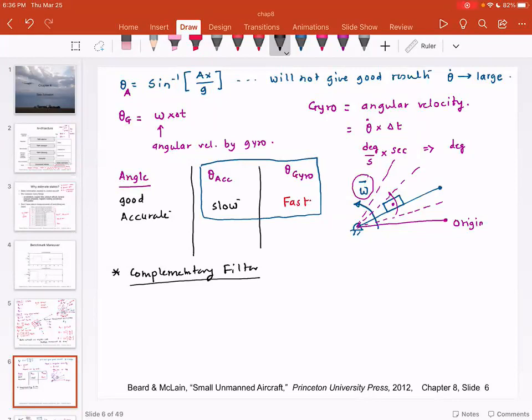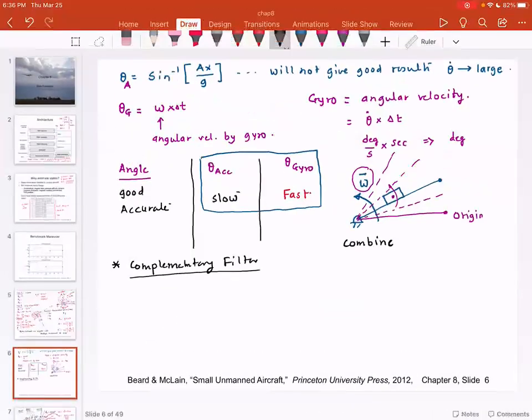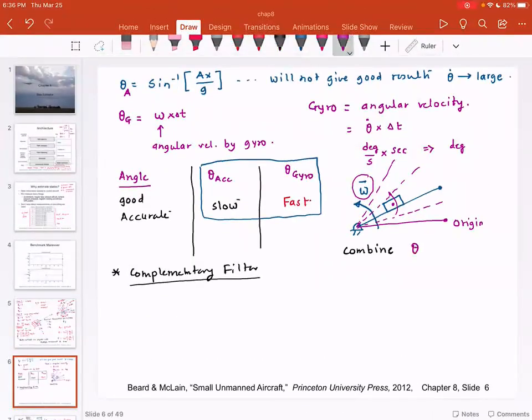So here is the question. How do I combine theta A and theta G to get theta hat? I'm calling this theta hat because this is the estimated angle.